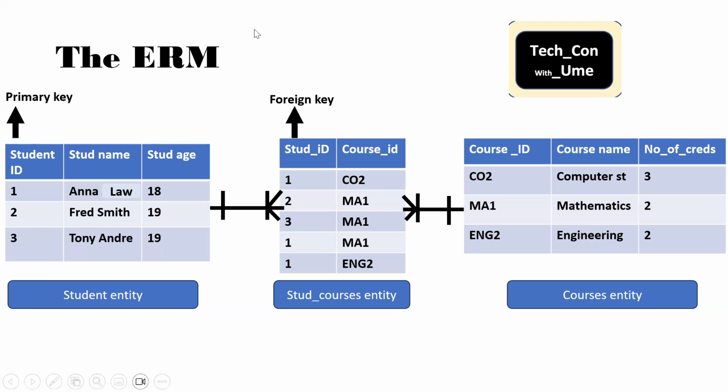Because the one side of the relationship is next to the student table, therefore, the primary key with respect to these two tables will be noted in the student table, whereas the foreign key for this relationship between these two tables will be noted in the student courses table.